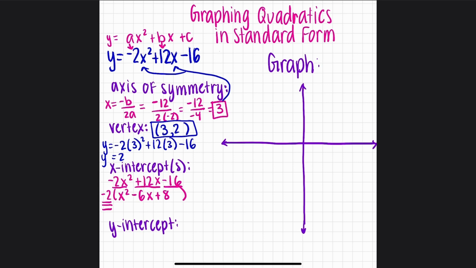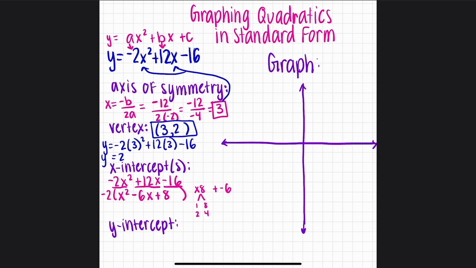And now I'm left with, in the parentheses, just a factoring problem. So I need 2 numbers that multiply to be 8, the last number, and add to be the middle number, negative 6. So I'm going to write out all my factors of 8. I have 1 and 8, and 2 and 4.